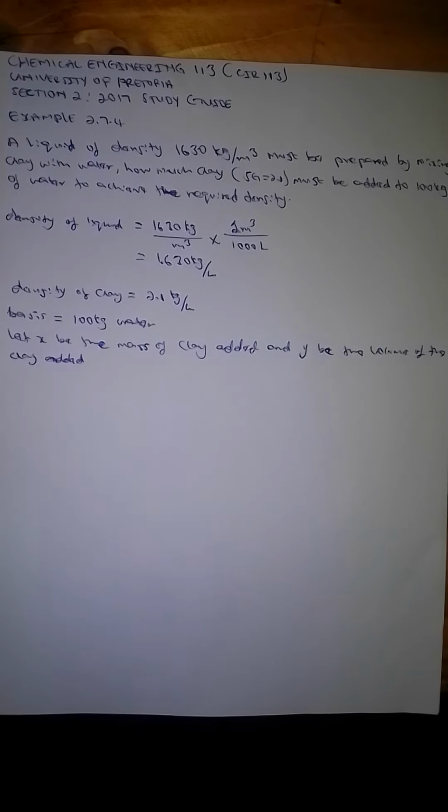We're going to be constructing equations out of the information that we have. We have our x, which is the mass of the clay, and our y, which is the volume of the clay.